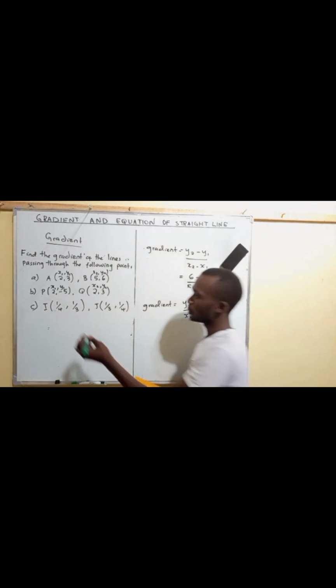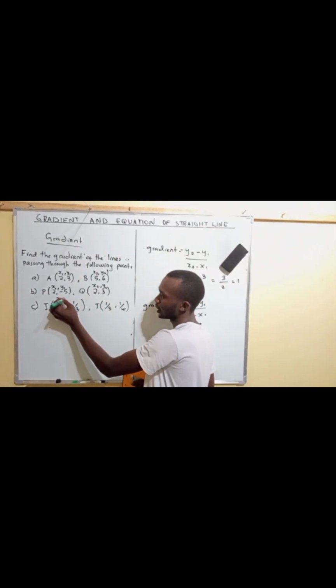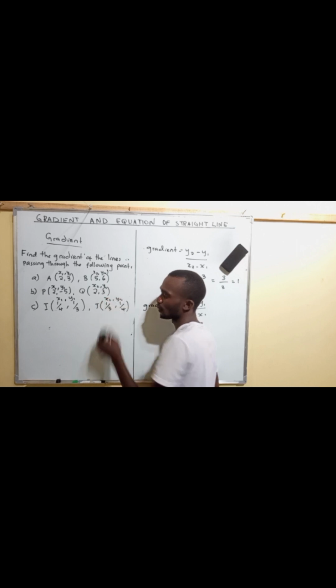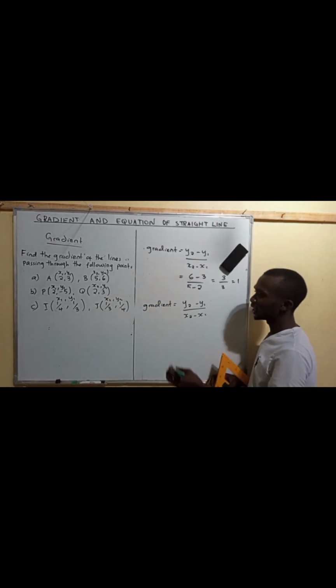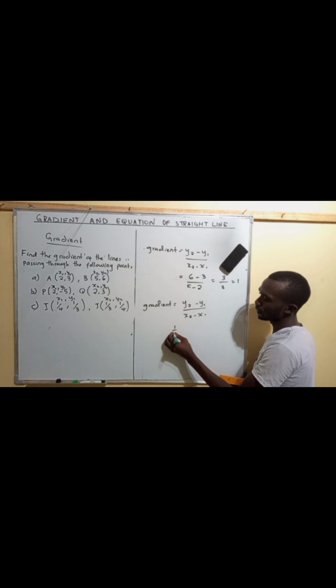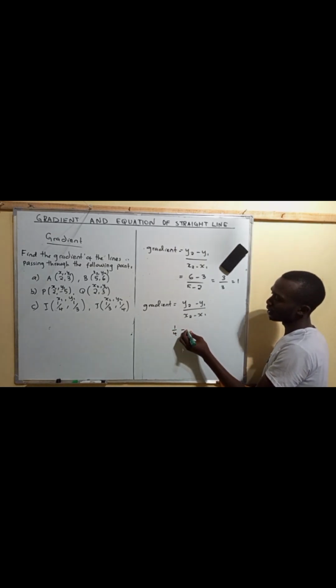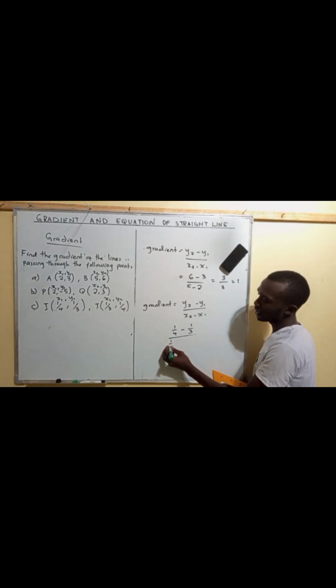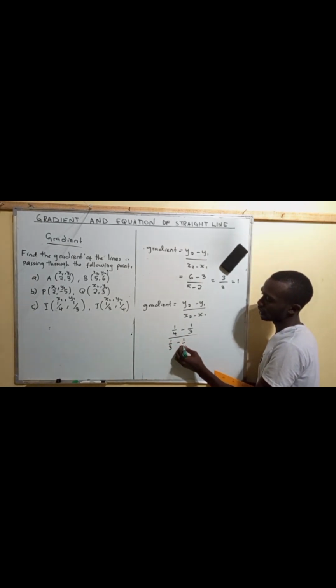I can call the point I x1, y1, and J x2, y2. So y2 is a quarter minus y1, which is a third, over x2, which is a third, minus a quarter.